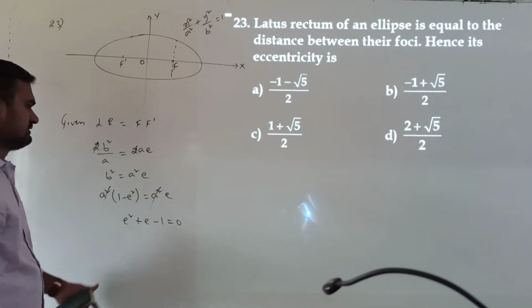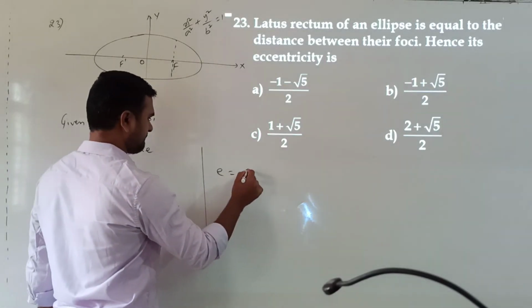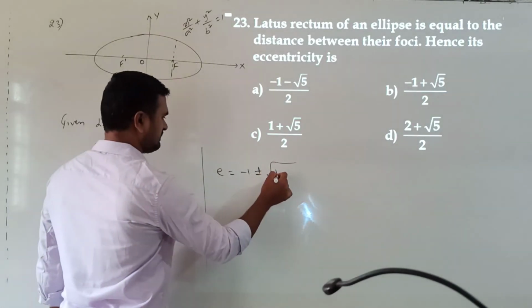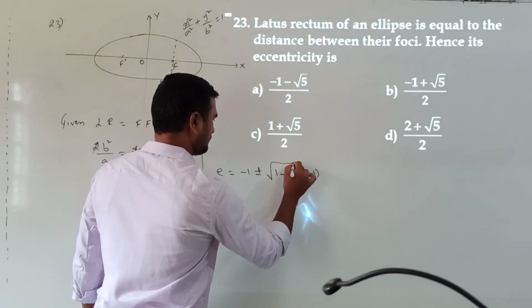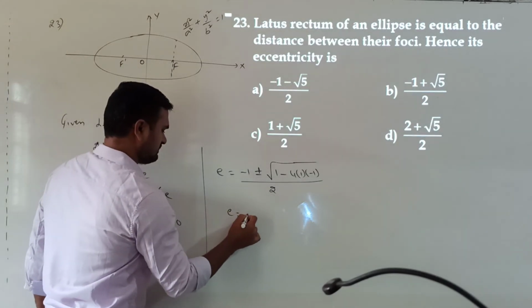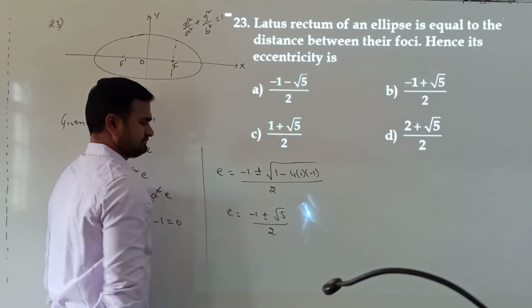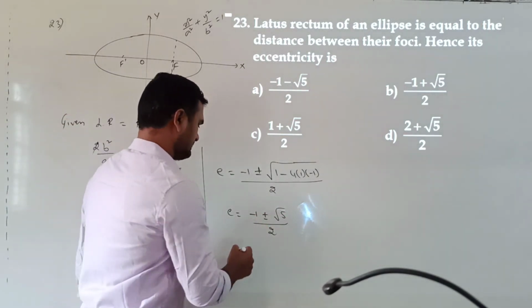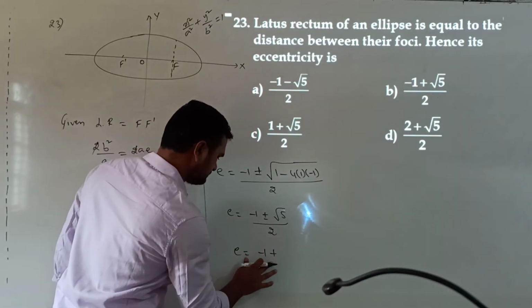This is quadratic, so let's solve it. e is minus b plus or minus root of b square minus 4ac divided by 2a. Here a is 1. So minus 1 plus or minus root 5 divided by 2. Now out of these two, plus or minus, which one do we have to take? Minus 1 plus root 5 by 2.